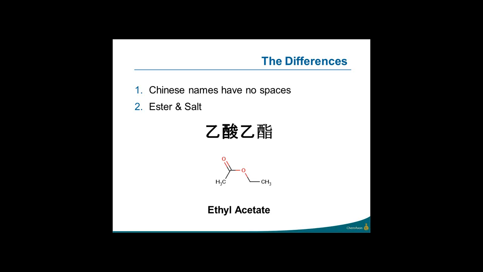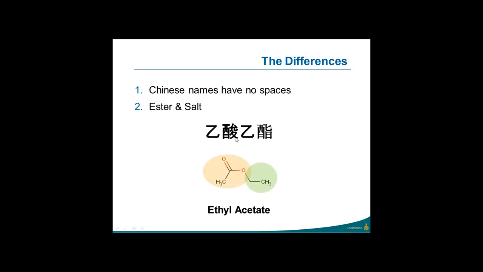Another challenge is that, especially for esters and salts, the sequence of the name is different. The same example, acetate: the structure has the acid part and also the alcohol part.